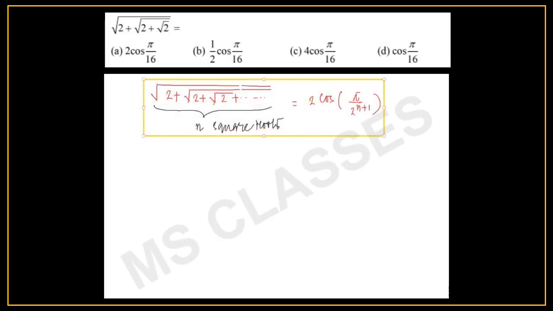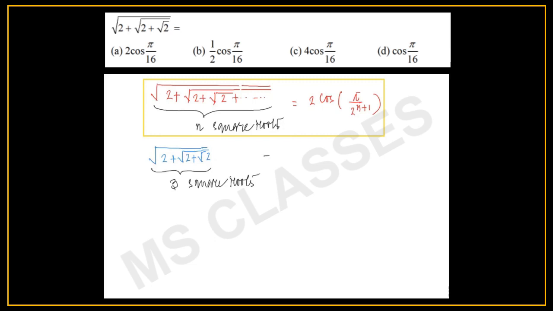Just we take one application. Here we have to express this value in terms of cos pi by 16. Here we can understand that in the given numerical we have 3 square roots.